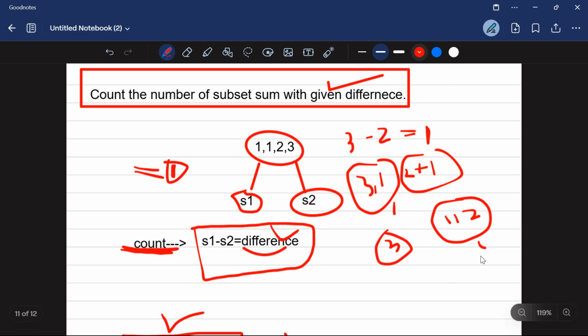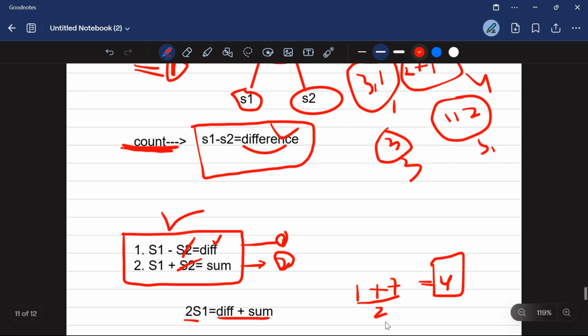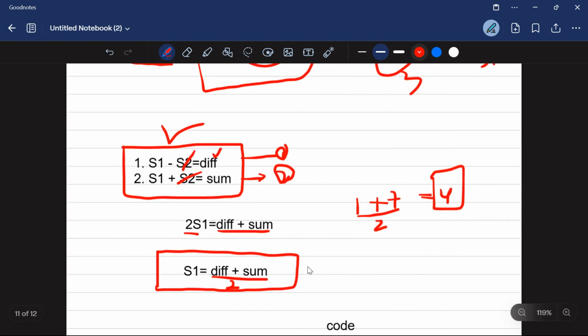So S1 is the greater one, so that is why S1 is 4 and S2 is 3. 4 minus 3 is 1. Right? It means S1 is always greater.